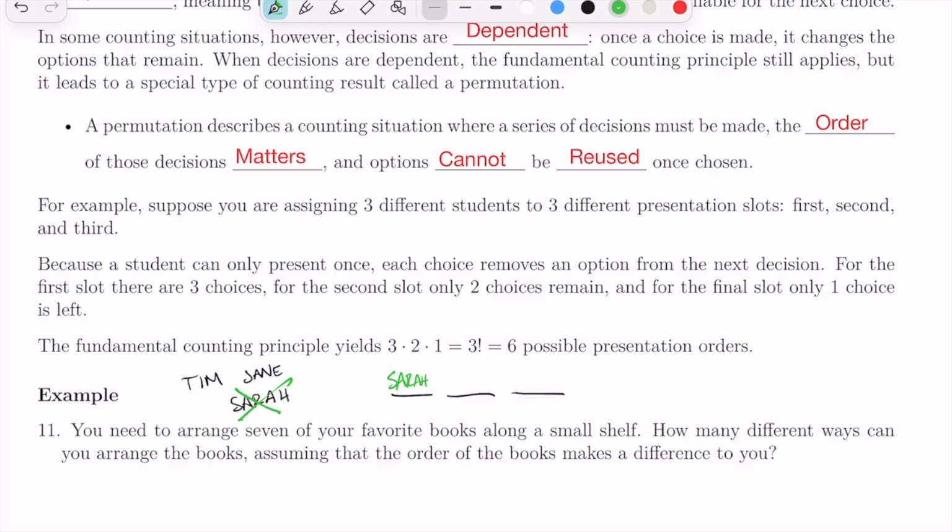She's already done her presentation. She's not going to go again. So that's why we had 3 choices for the first one, and now only Tim and Jane are left. So there's only 2 choices for the next one, and maybe Tim goes here. And then now there's only 1 choice left for the last one. So that's where we end up with 3 times 2 times 1.